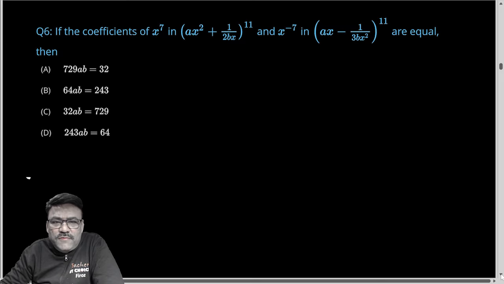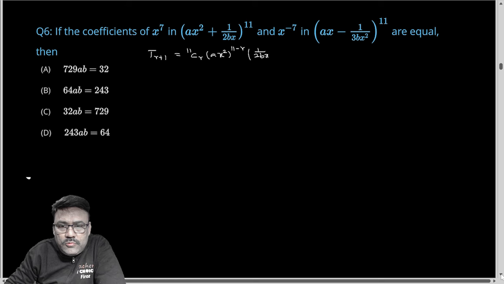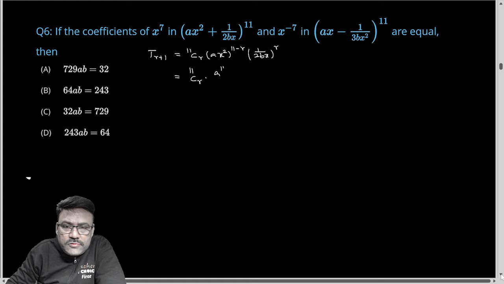Let's observe this first one. In the first one, if I find the general term T R plus 1, so it is 11CR (AX square) raised to 11 minus R, 1 over 2BX raised to R. That is 11CR A raised to 11 minus R, over 2B raised to R, X raised to 22 minus 3R.